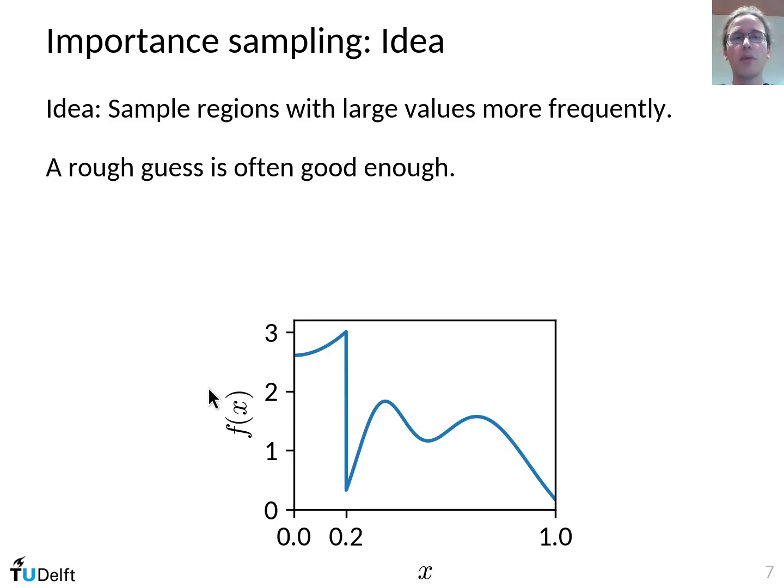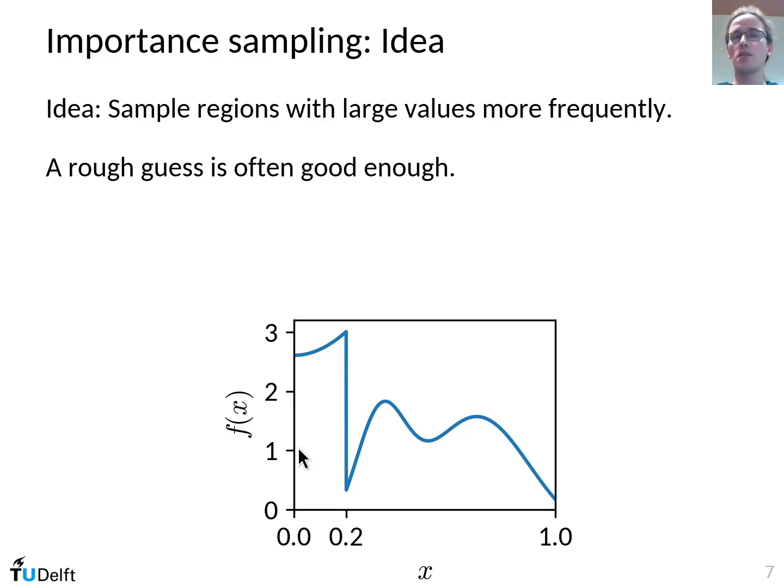To convey the basic idea, let's look at this 1D example from last week again. The idea is that we want to sample regions where this function takes large values more frequently. We can't do this perfectly, but we do have some knowledge about this function.